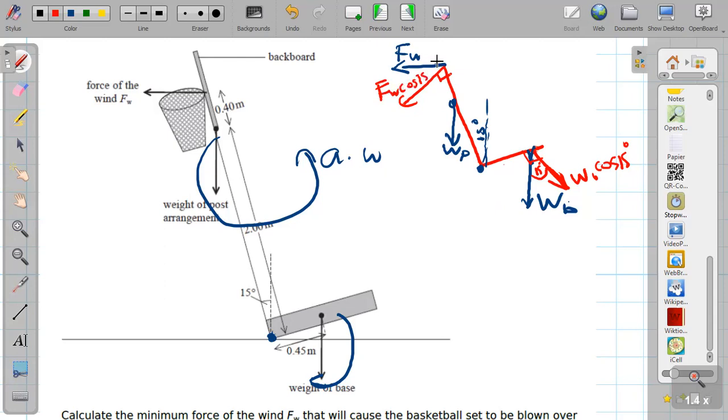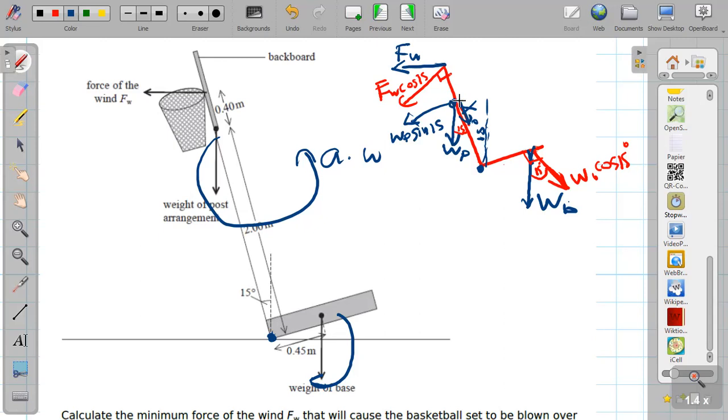Got it? Now here, this angle is also 15. So there is one component down along the post. We don't count it because it is just on the pivot. But the perpendicular thing, what is it? WP sine 15 is the force.